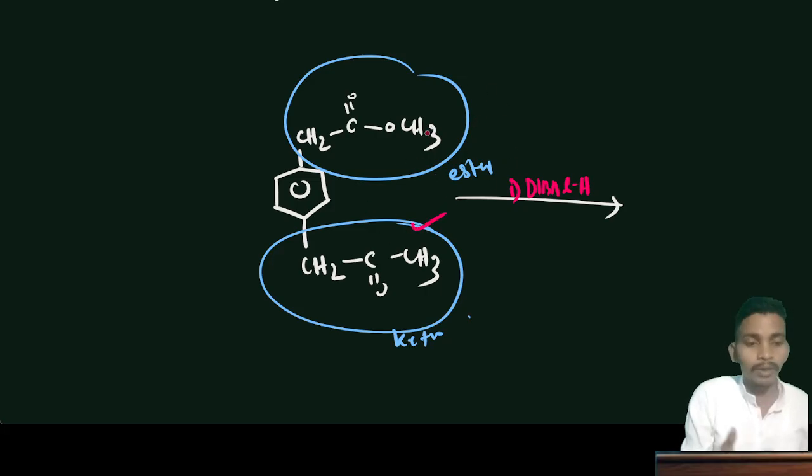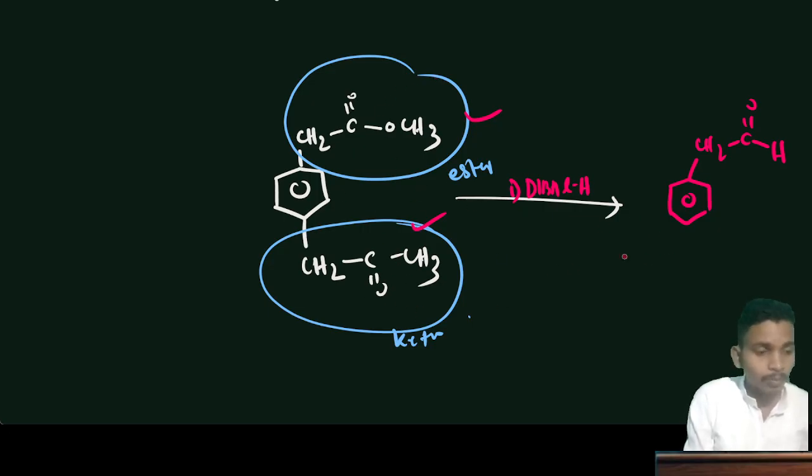It will not selectively react on the ester, it will react with both the ester group and the ketone group. It means it will react with CH2, this is converted into the aldehyde group, and the ketone will convert into the alcohol group.